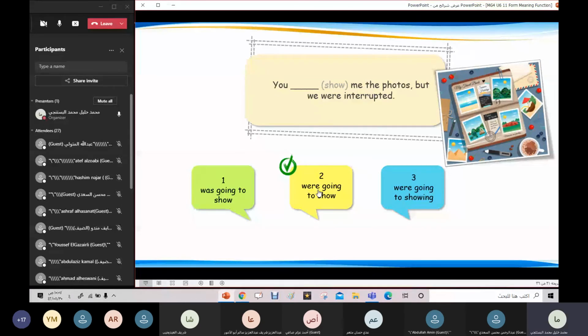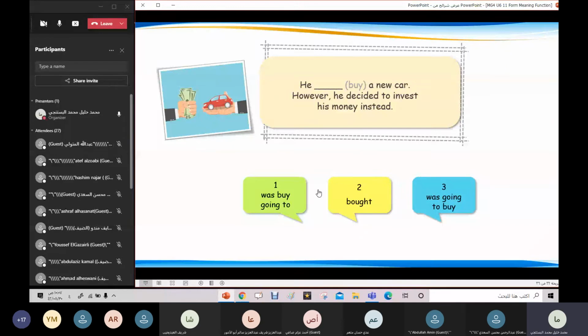We can try. Muhammad Taysir, are you here? Muhammad Taysir. Rahman Saadi. He was going to buy. Yes, teacher. He bought. He was going to buy. Which one is correct?